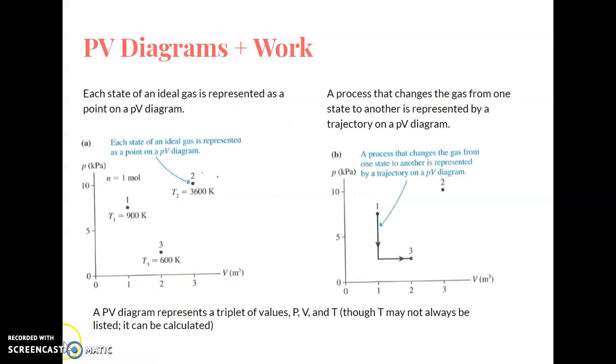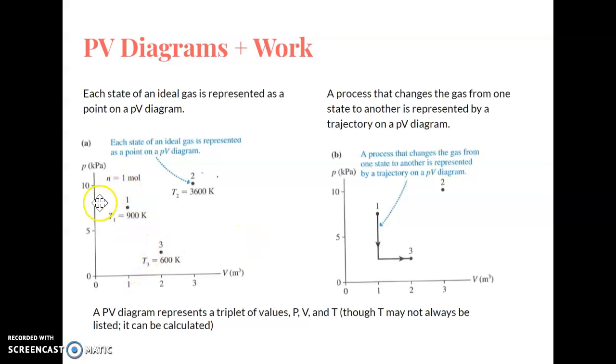Sometimes we'll have available to us a PV diagram, and on that diagram we'll have different states represented. Here we have one gas, one system, but different points in time, so to speak, are shown.